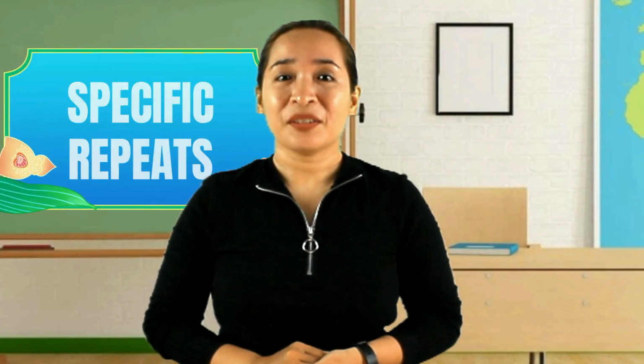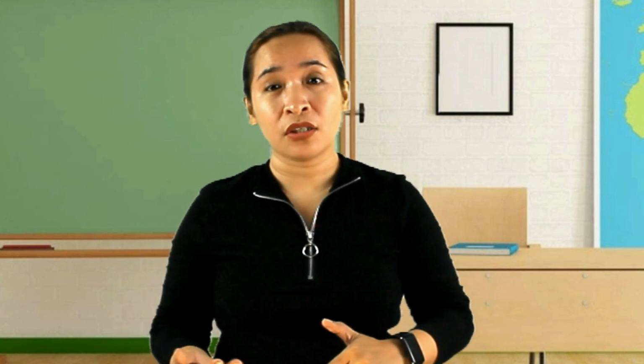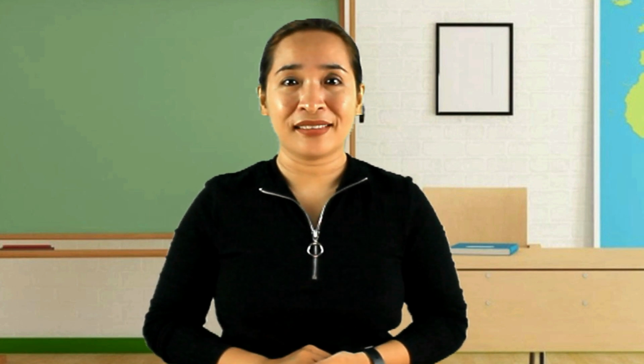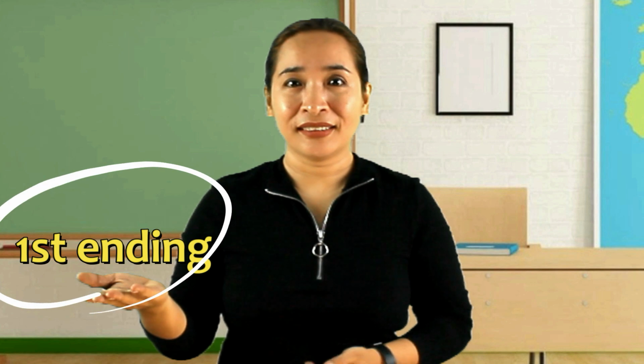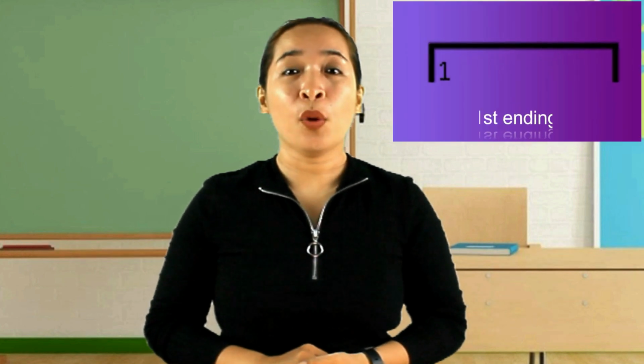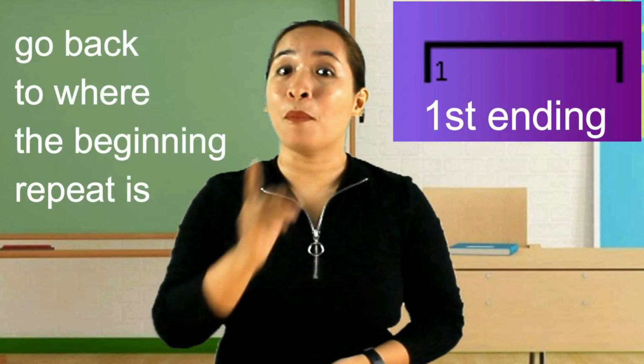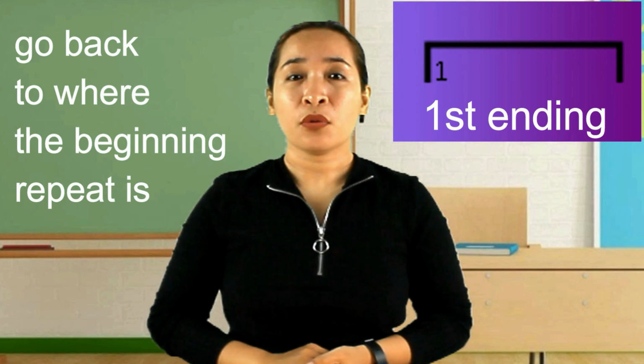Specific repeats. These are repeat marks that indicate the specific measure or specific passage to repeat, to jump, or to end. Let's have the first ending and the second ending. The first ending means when you play that measure or that passage, you are going to go back to where the beginning repeat is.